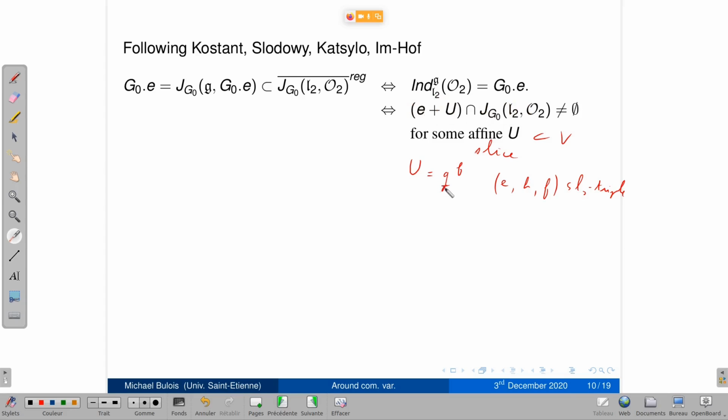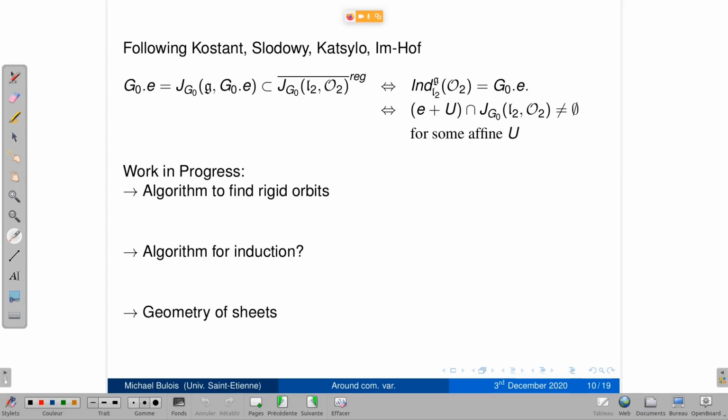So this has some important consequences, which I will list. This is some work in progress. I have an algorithm to find rigid orbits. The idea is that you can look at the set of elements with dimension of orbits less than or equal to m, and you look at equations for this. For example, it's encoded by some minors of some matrices.